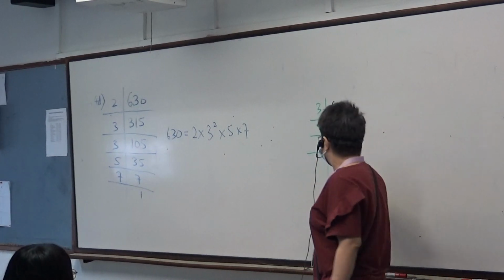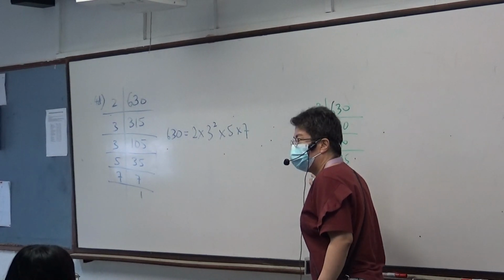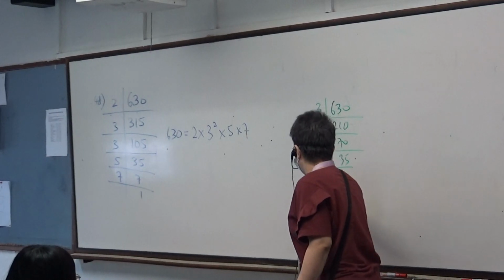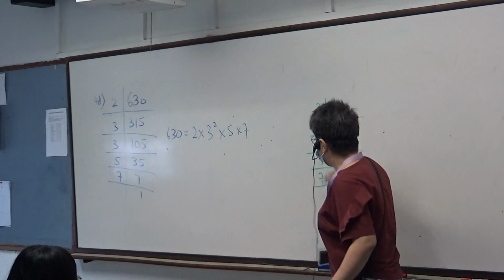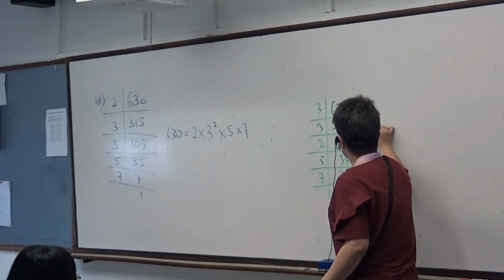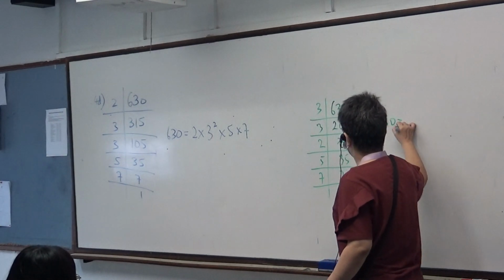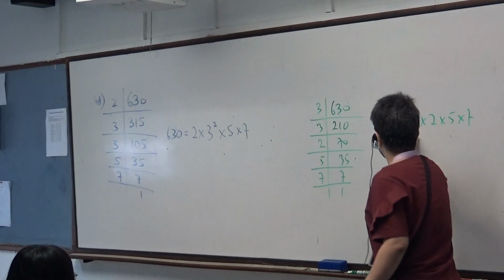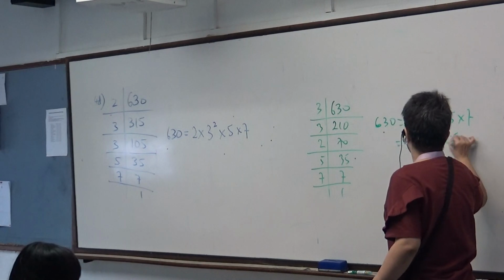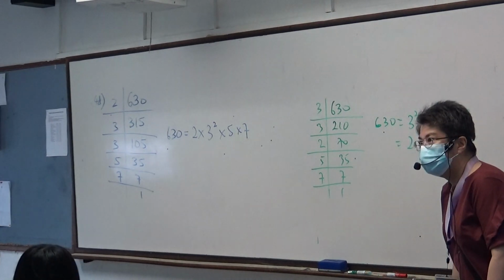Correct. 35, then 5, then 7, 7, 1. You're not wrong. But can you see this is jumbled up? When you write, it will be 630, 3 squared times 2 times 5 times 7. Now, you can also rearrange. It doesn't matter. Do you understand?